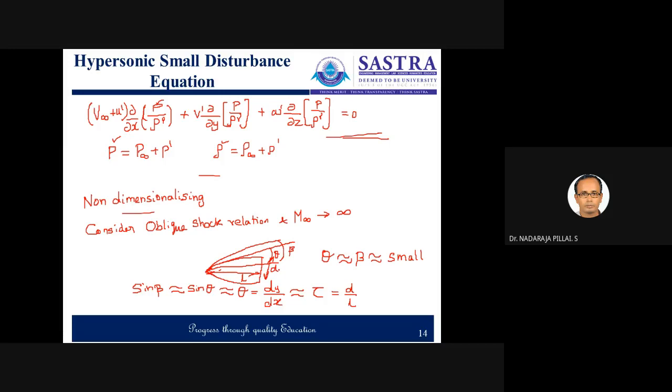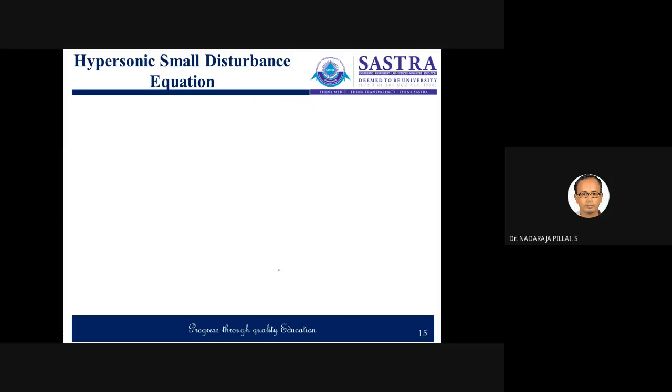So this is the approximation for the oblique shock relation as M infinity tends to infinity. We consider theta is small and hence beta is small, so sine beta is sine theta, which is equal to theta, which is equated to dy by dx, and that is equated to tau.